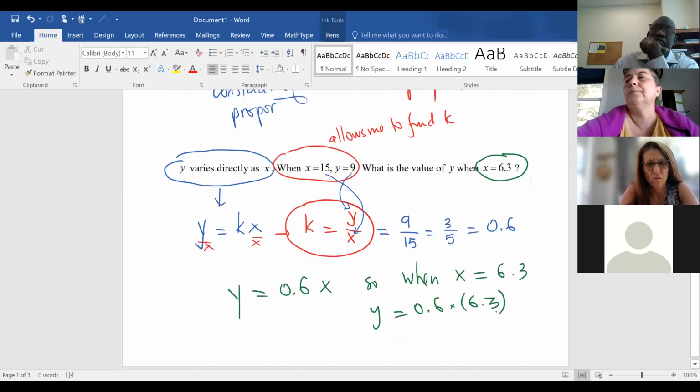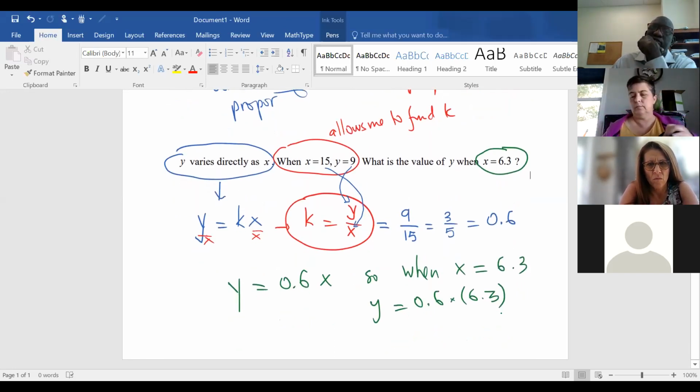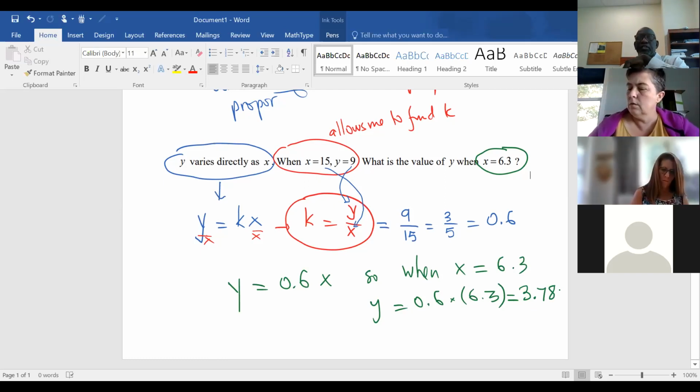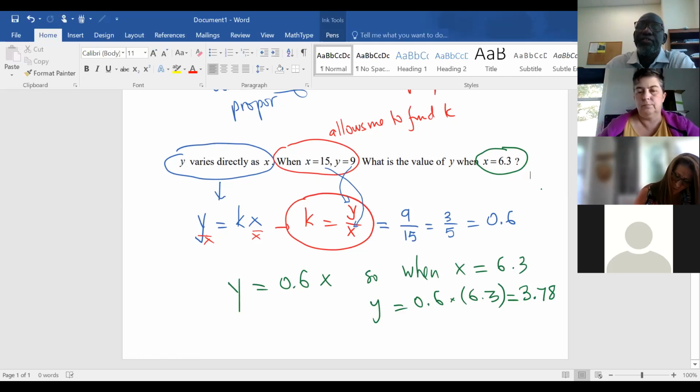Okay. And then we just do this, which is how much? 3.78, right? Okay. So this is an example of how to deal with proportionality.